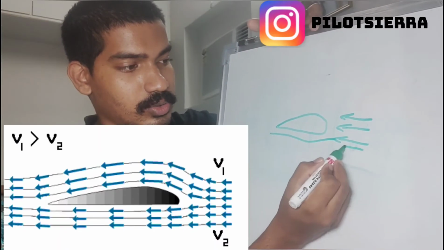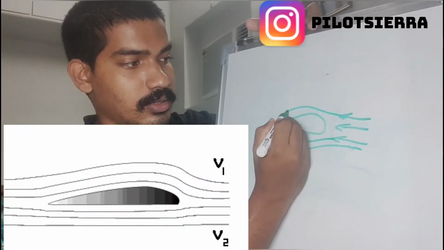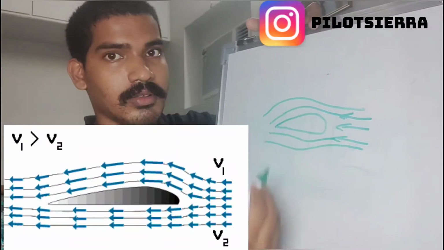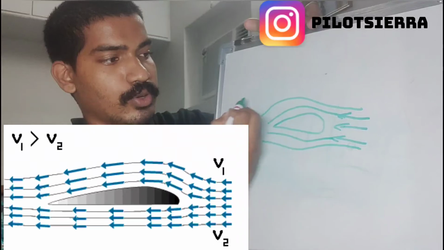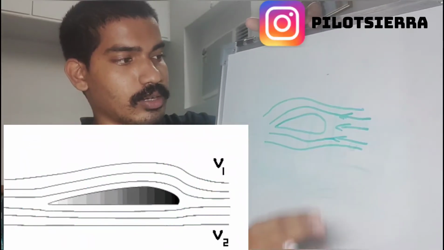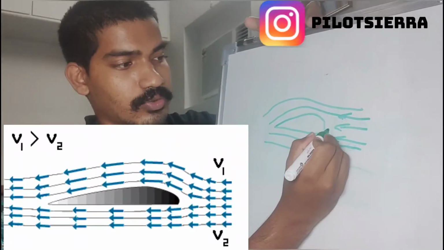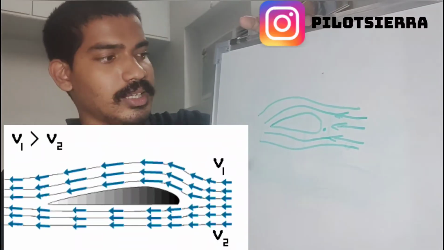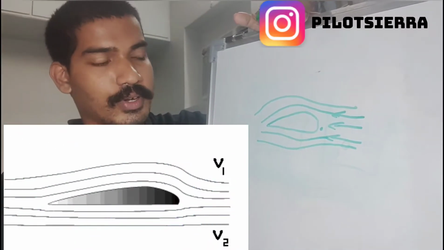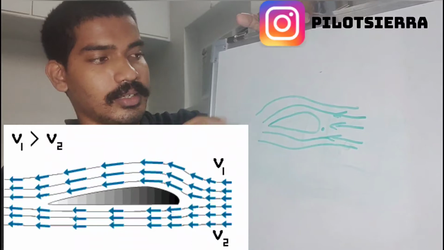There would be wind flowing towards the aerofoil. Somewhere over here there would be a stagnation point. Let us consider we are at zero angle of attack in this particular aerofoil.